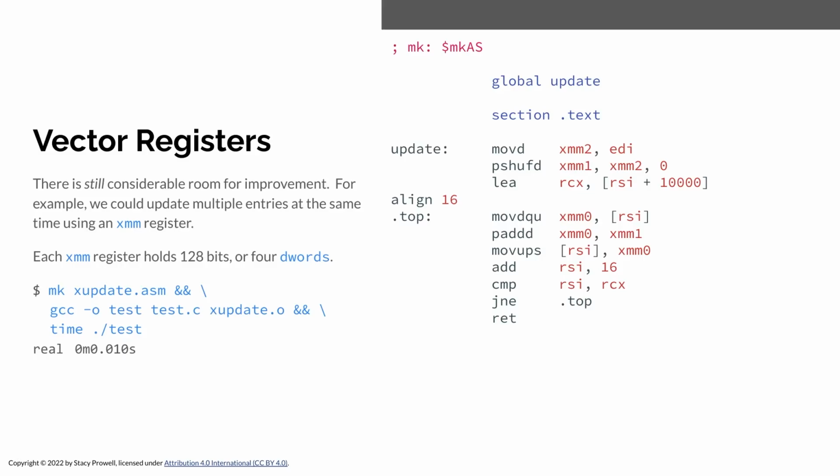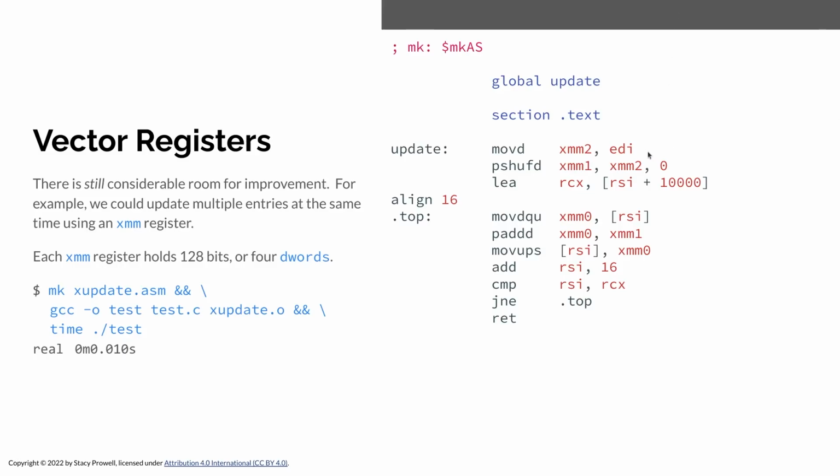That is 16 bytes. A double word is 4 bytes, so that holds 4 double words. So if I can operate on XMM registers, I can operate on 4 double words at once. Now, I'm not going to go too deeply into how to use the SIMD registers because it gets really complicated really fast. But I can go through some of the high points of this code to let you know what's going on.